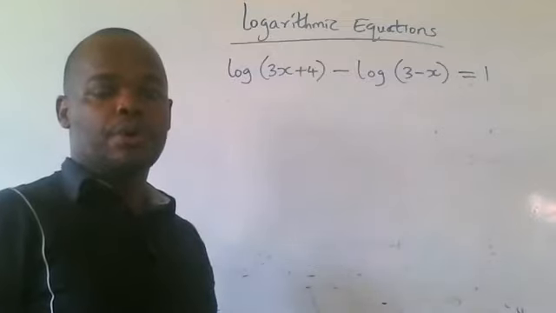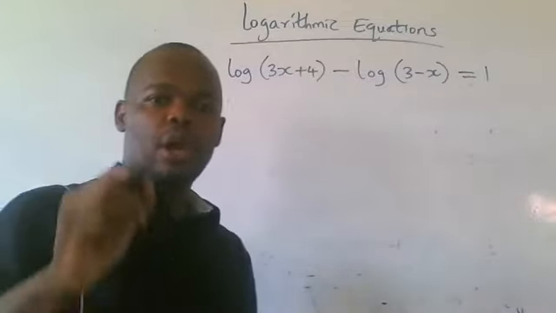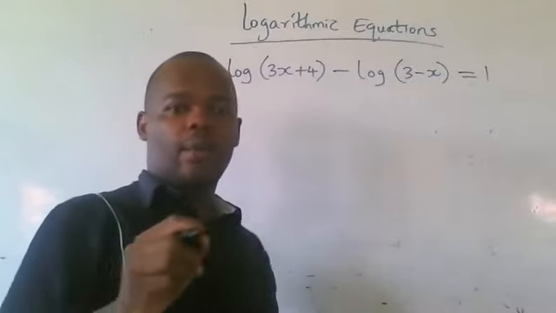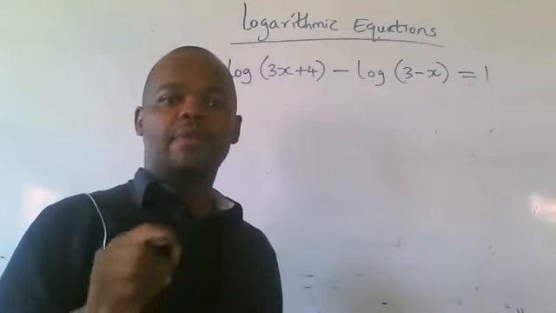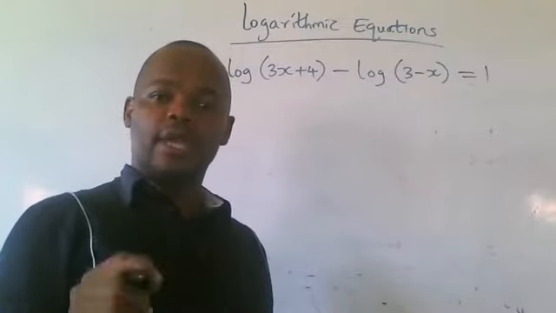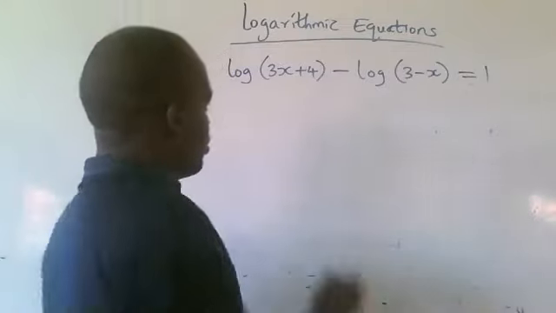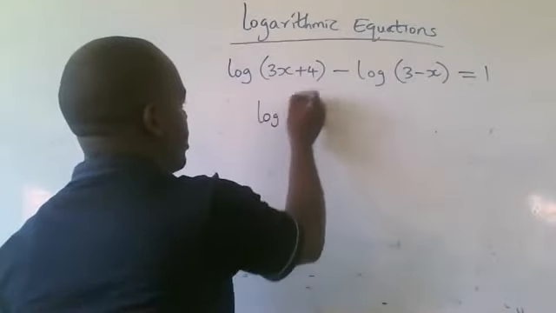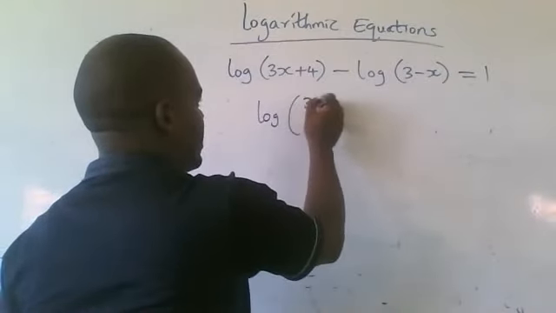So, which law of logarithm are we applying? We apply the second law of logarithm for subtraction, and when we subtract, it's like we are dividing the numbers. So this comes to log into bracket 3x plus 4 over 3 minus x. So we have applied the second law of logarithm.